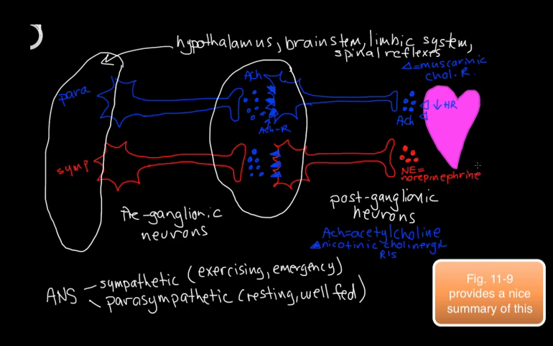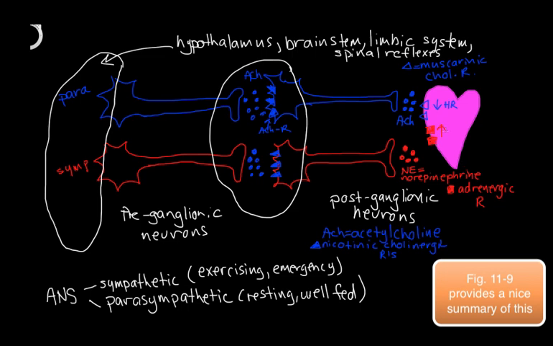So now we have a different receptor to be concerned about, and epinephrine and norepinephrine bind with adrenergic receptors on the heart. So let's draw some red squares for our adrenergic receptors. We've already talked a little bit about the difference between beta adrenergic and alpha adrenergic receptors, and it turns out that the ones on the heart are beta adrenergic receptors.